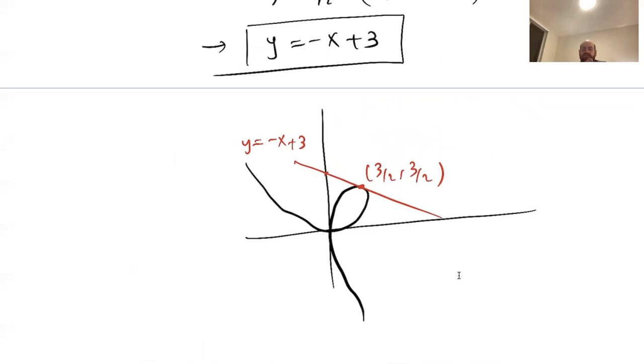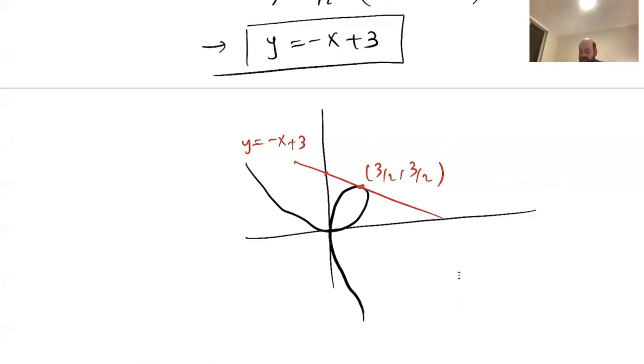So y equals x squared is one of the equations that must be satisfied in order to have a horizontal tangent line. But what is the other equation that has to be satisfied? The other equation is the equation of the curve itself, because we are looking for points on the curve that have horizontal tangent lines.